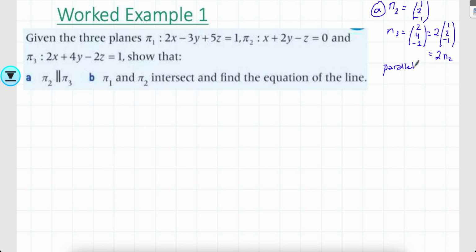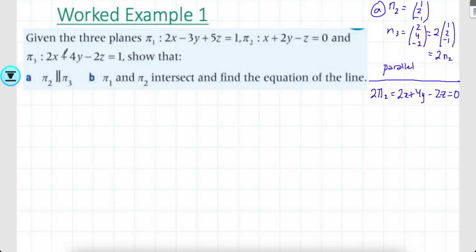Now, what if they coincide? What if they are the same plane? Well, here's how you can check. If the third plane's normal is double the second plane's, what if I double all of the second plane's equation? That will give me 2x + 4y - 2z equals 0.